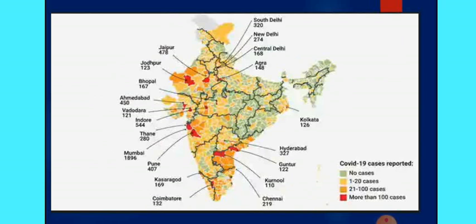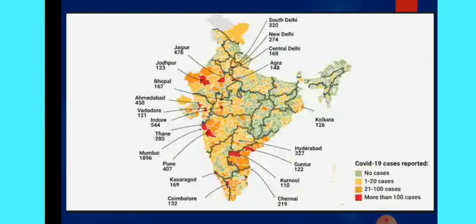Yellow color means 1 to 20 cases. Similarly, orange or red zone means more than 100 cases. So instead of seeing the data or the graph, the map shows where the red zones are, and we can understand it easier. So this is the concept of a cartogram or map diagram.